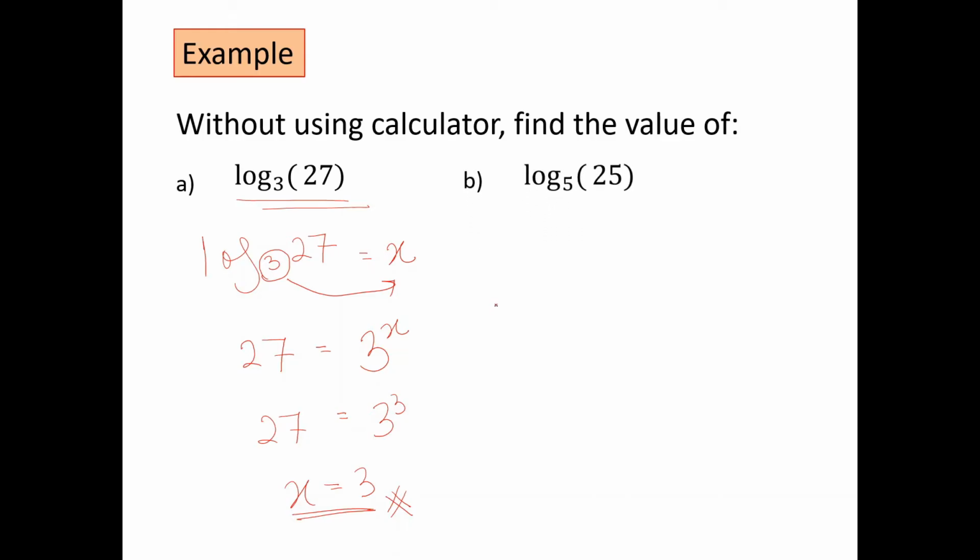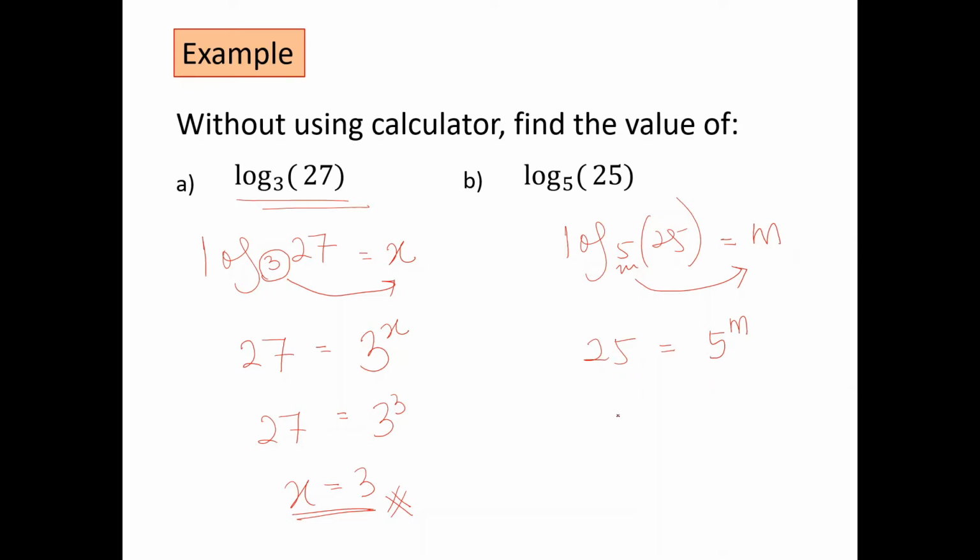The next one, log base 5 of 25. Let's say the value of this is equal to m. Our base is 5, so 5 goes to the other side and becomes the base for the index. So 25 is equal to 5 to the power of m.